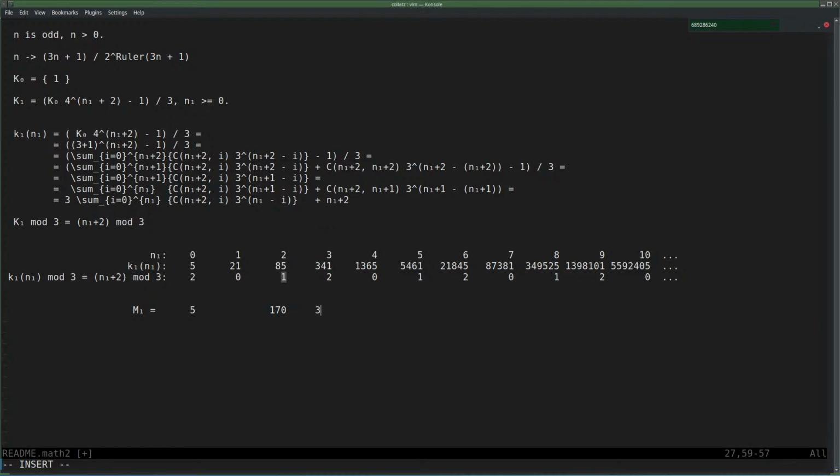And then we get the 3, 1, and this one we skip, and this one must be multiplied by 2 because the modulo 3 is again 1. So I get 5461 times 2, 10922. And this is 21845. Skip that one.